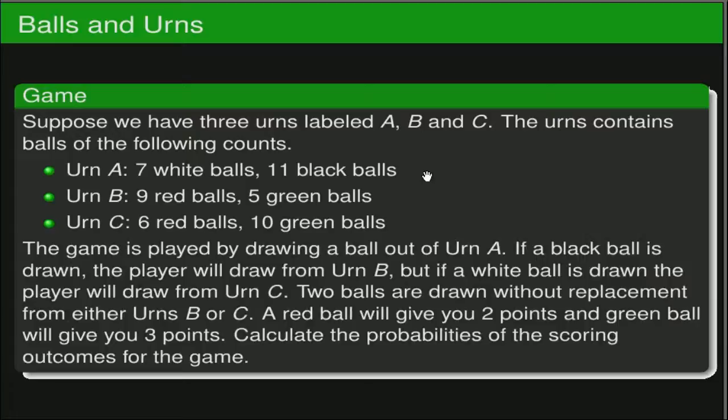Now, here's the question. The game is played by drawing a ball out of urn A. If a black ball is drawn, the player will draw a ball from urn B. But if a white ball is drawn, the player will draw from urn C. So urn A is used to determine whether we're going to draw from urn B or urn C. 2 balls are drawn without replacement from either urn B or C. A red ball will give a total of 2 points, and a green ball will give you 3 points.